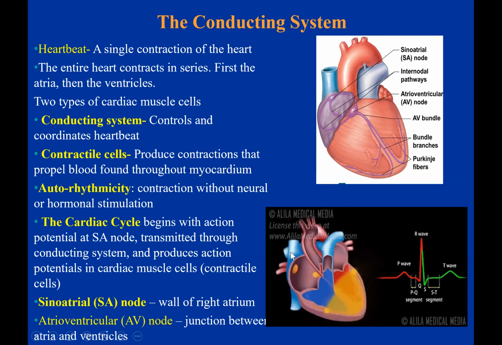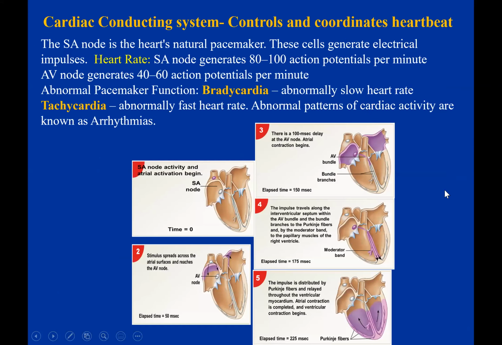And this electricity that is passing through the heart can be picked up with the ECG. Each wave of the electrocardiogram corresponds to one of the action potential features here in the heart. So let's see how the action potential is generated.